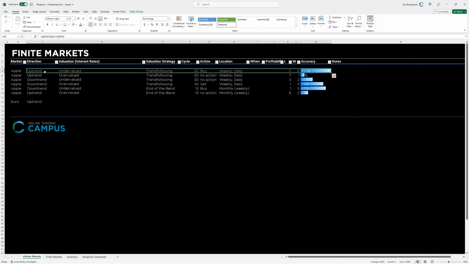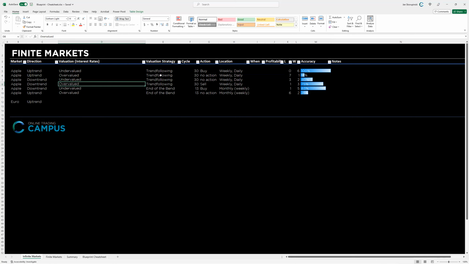So we buy undervalued with an uptrend, high accuracy. We sell overvalued with the downtrend, high accuracy. If we apply it against the context, low accuracy. What would we rather do? Well, no action if we don't have a clear trend, and then we apply the trend following rule if we have a clear trend. The end of the band is something that we only do for stocks and bonds.